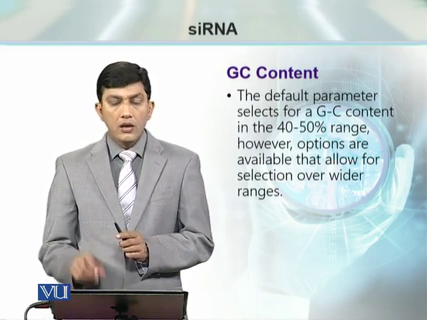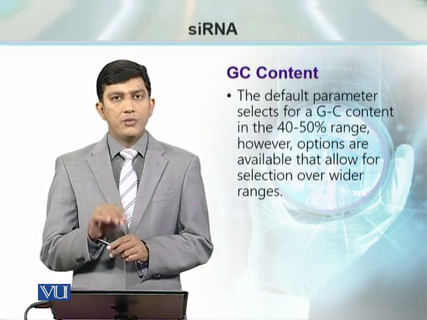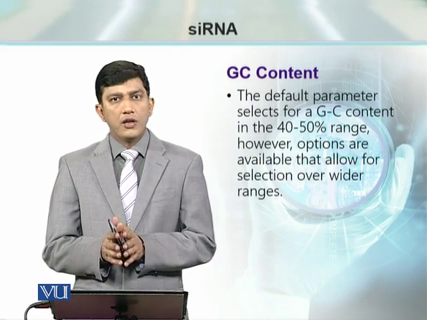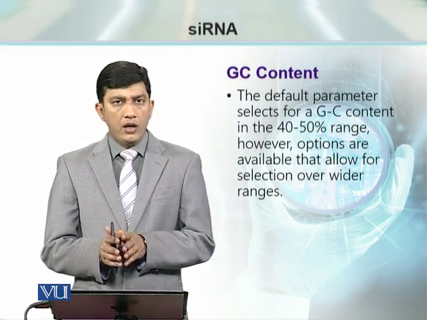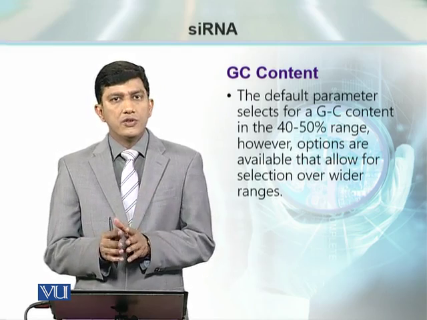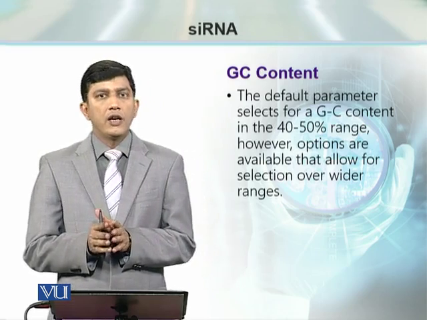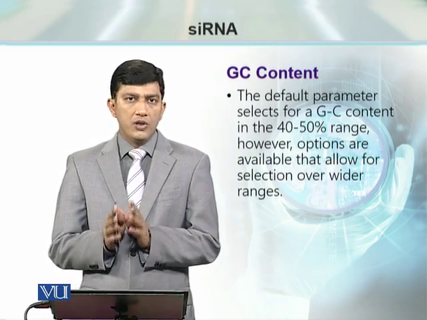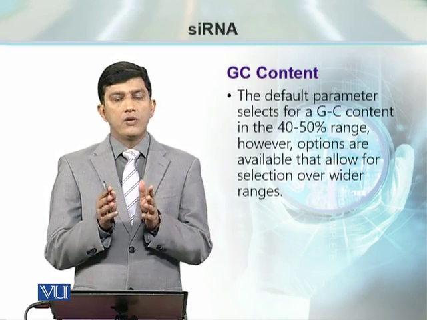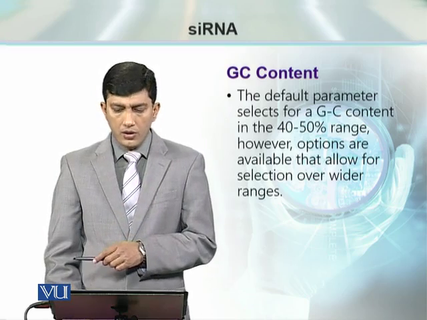But again, different researchers use different percentages of GC content to perform this particular experimental method. As a general principle, 40 to 50% of the GC content, if present in the double-stranded RNA molecule, can be good enough to have no interference or to have no problems while performing that particular method.